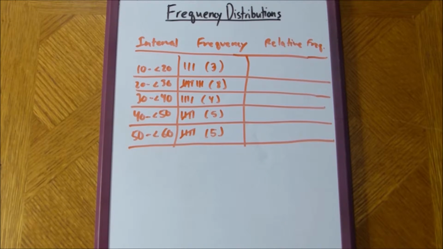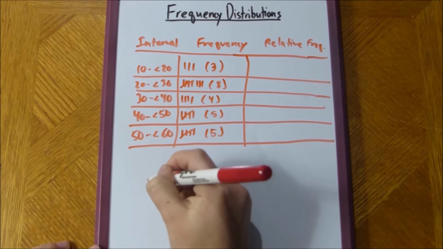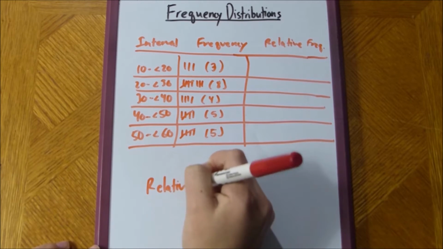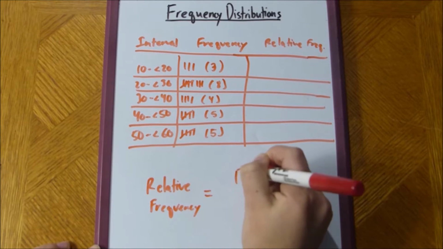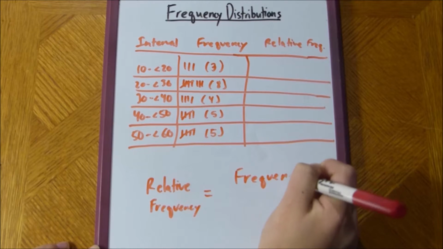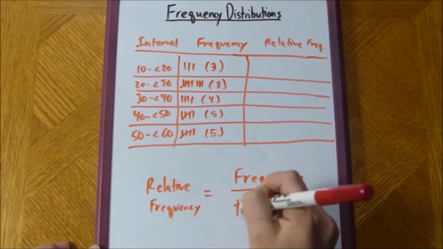Relative frequency is a way to take your number and convert it into a percent or a decimal, something that's really easy to see how it compares to all the other intervals in the sample, right? So for a relative frequency, that equation is simply relative frequency is equal to frequency divided by number in sample.